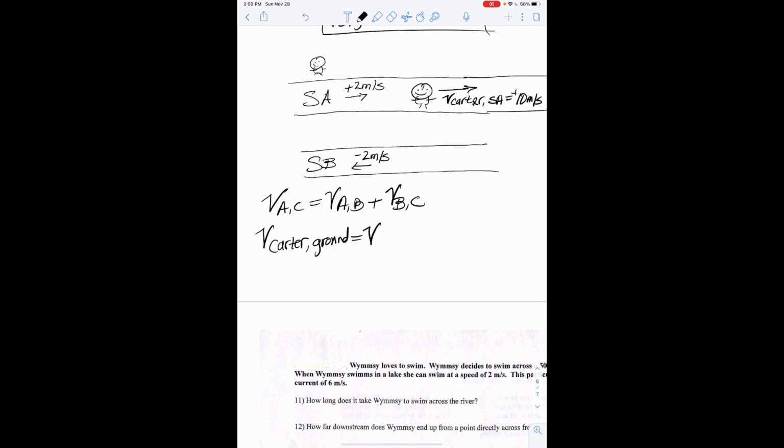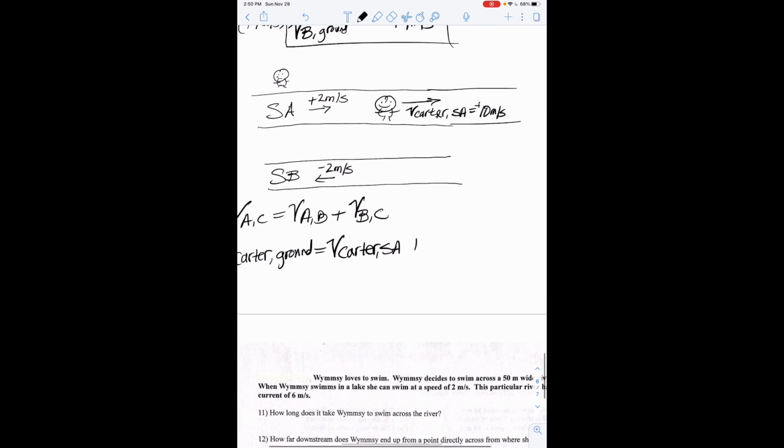is equal to the velocity of Carter relative to sidewalk A, right? We have to have another object, plus velocity of sidewalk A relative to the ground.